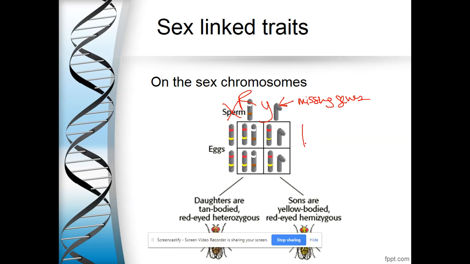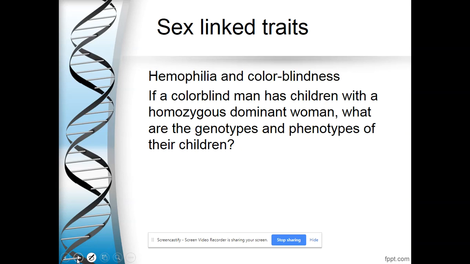And we talked today in class about this idea of being hemizygous, H-E-M-I, hemizygous. So instead of being homozygous or heterozygous, you're only half, because they only have 1 copy of the allele instead of 2. They only get 1 from mom because that Y chromosome doesn't carry a lot of genes.